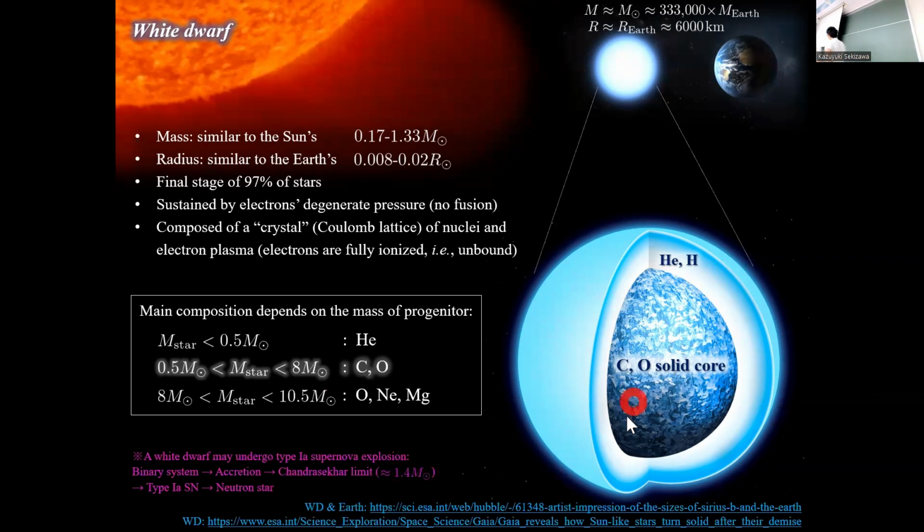In the case where this mass exceeds the so-called Chandrasekhar limit, about 1.4 solar masses, it can collapse. The electrons' degeneracy pressure cannot sustain the gravitational force, and it undergoes the so-called type 1a supernova. And it can form a neutron star. This is just to mention.